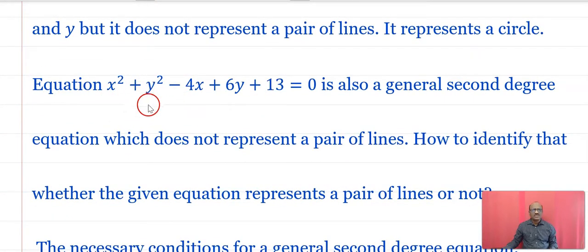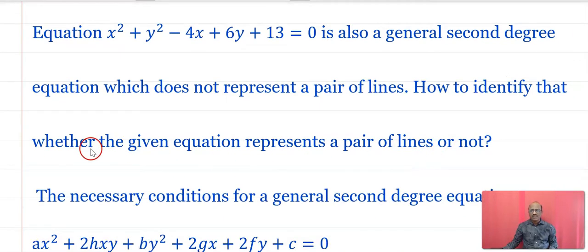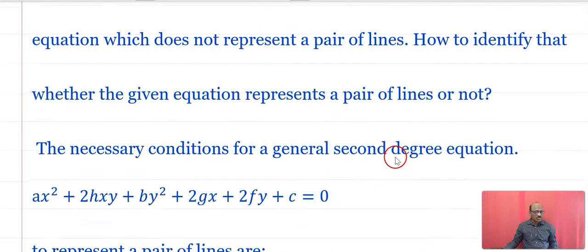The equation x square plus y square minus 4x plus 6y plus 13 is also a second degree equation which does not represent a pair of lines. Then how to identify whether the given equation represents a pair of lines or not?